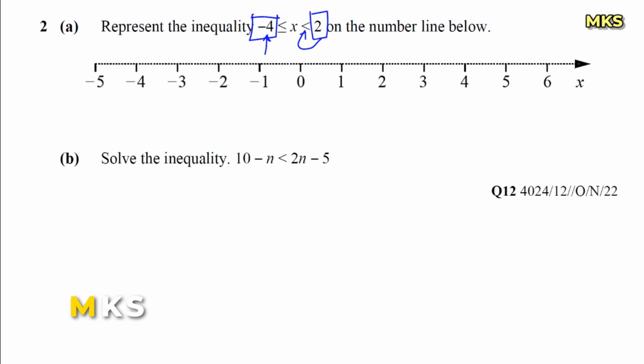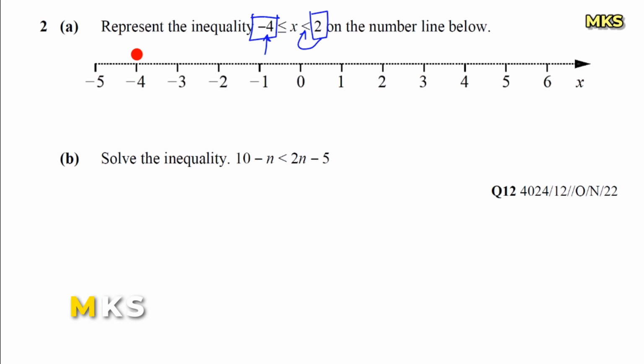So we have to draw a straight line which should represent this. Here we have to draw a circle above minus 4 and 2 as well, and then join them. The circle above minus 4 will be filled, because minus 4 itself is included in the set of values of x.